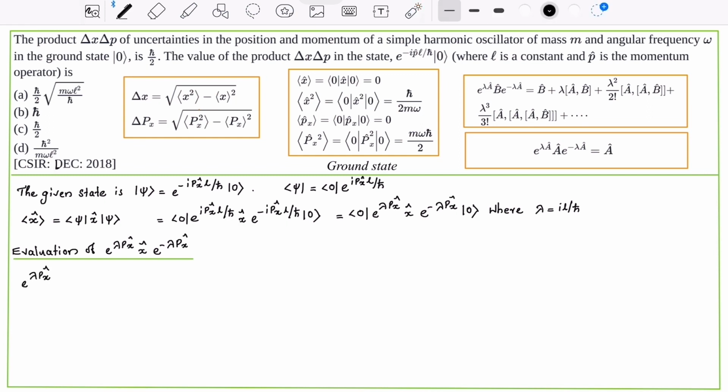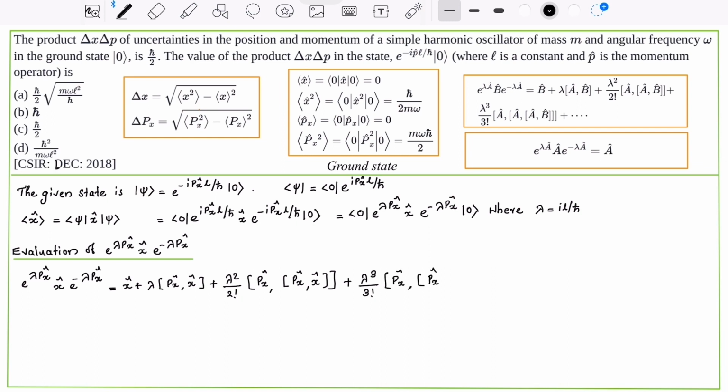e^(λpx) x e^(-λpx) can be written as x plus λ times the commutator of px and x, plus λ²/2 the commutator of px and the commutator of px and x, plus λ³/3! the commutator of px and the commutator of px and the commutator of px and x. Now we have the commutator of px and x is equal to -iħ.